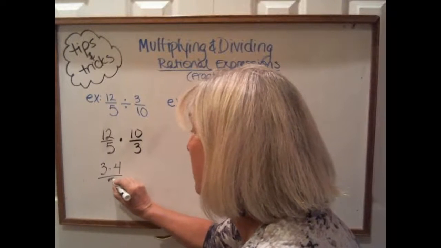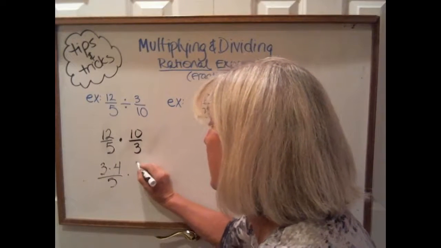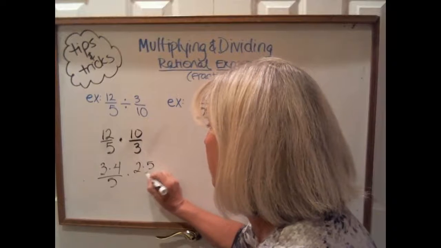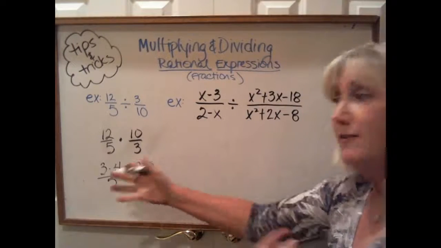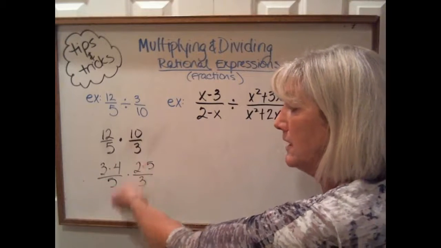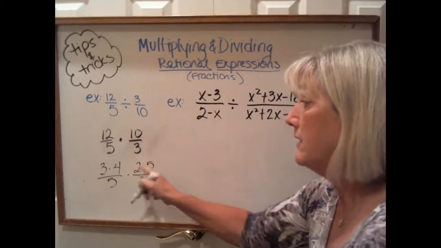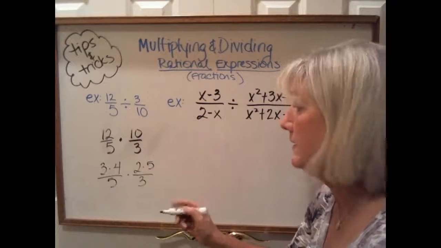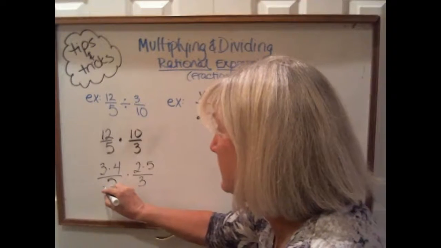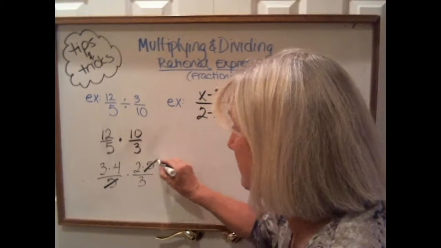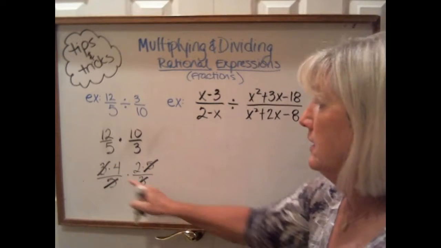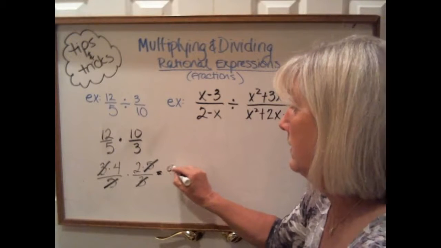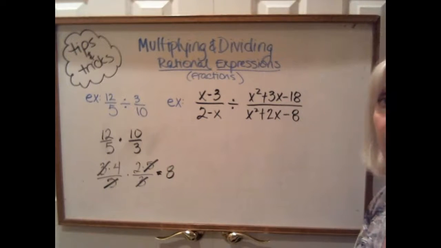The 5 is prime, so it can't factor. And this is going to be 2 times 5 divided by 3. So any of the common factors in the numerator and denominator, because everything is multiplied, there's no pluses and minuses here, we can cancel them. So this 5 can cancel with that 5, and that 3 can cancel with that 3. So we're just left with 8 as our answer.